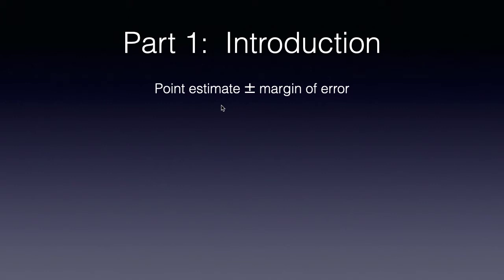And talking about sampling distributions, we talked about X bar being approximately normal with mean population mean mu and standard deviation sigma over root n. With this normality assumption, our point estimate is going to be X bar.